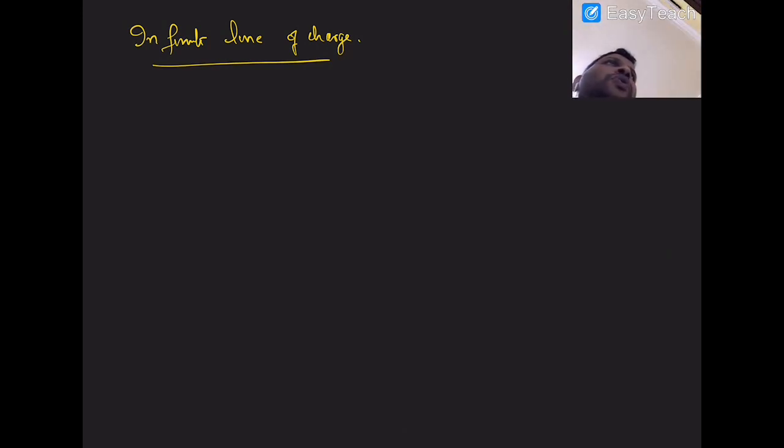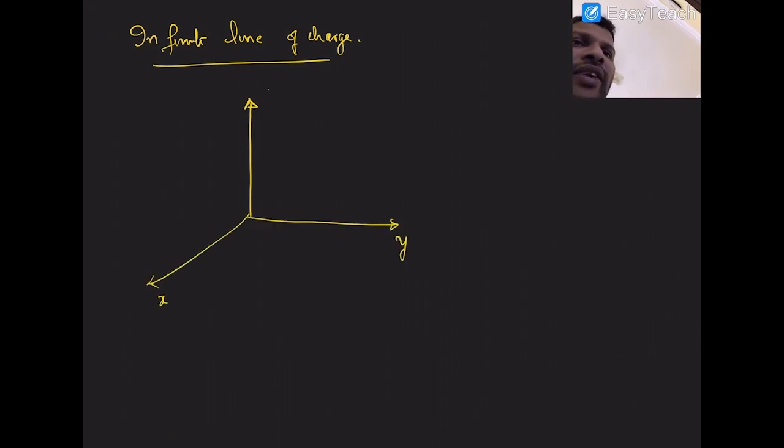You have to choose the symmetrical surface, otherwise it will not be that useful. Let's say this is your x-axis, this is your y-axis, and this is your z-axis. Along the z-axis you have some infinite line of charge.